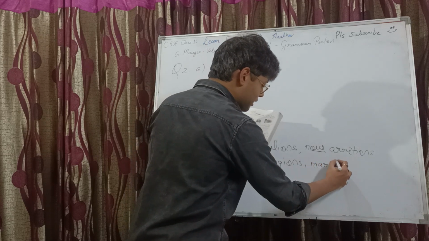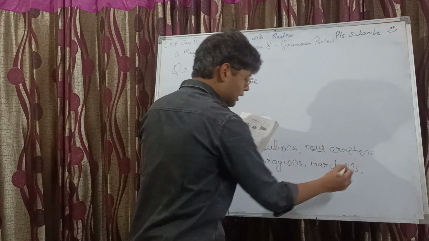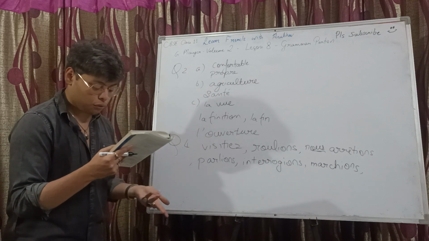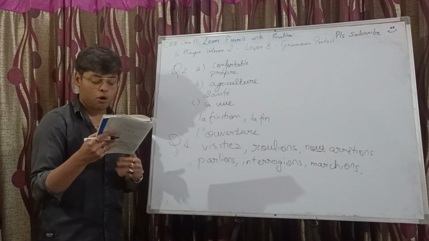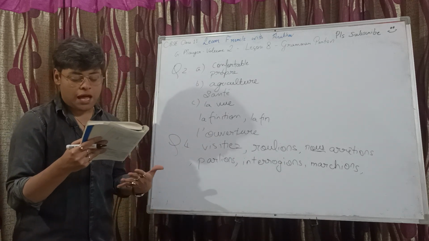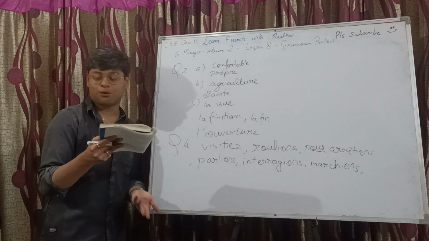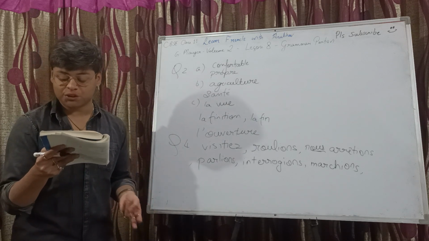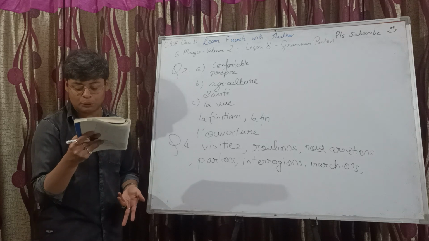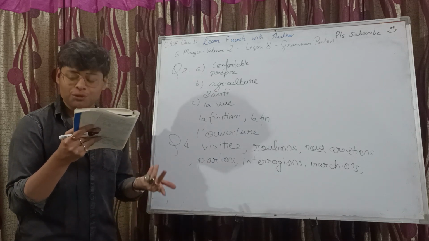This exercise is very easy because most of the subjects are either nous or vous, and the majority of them are regular verbs. We are not having much exceptions in this exercise, so it's easy to do. Good for us.